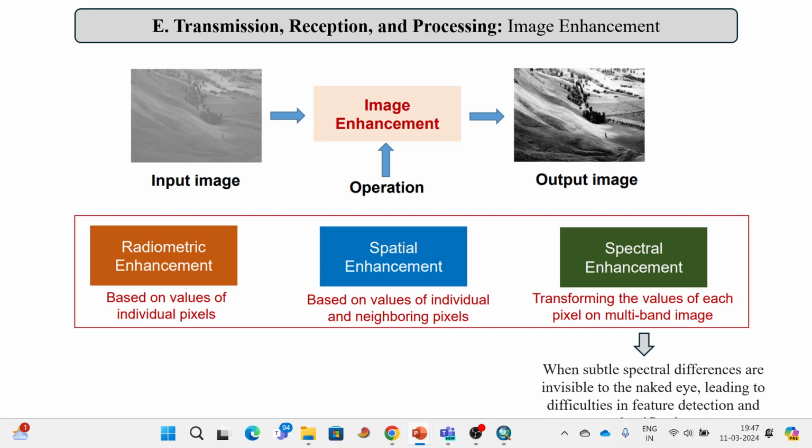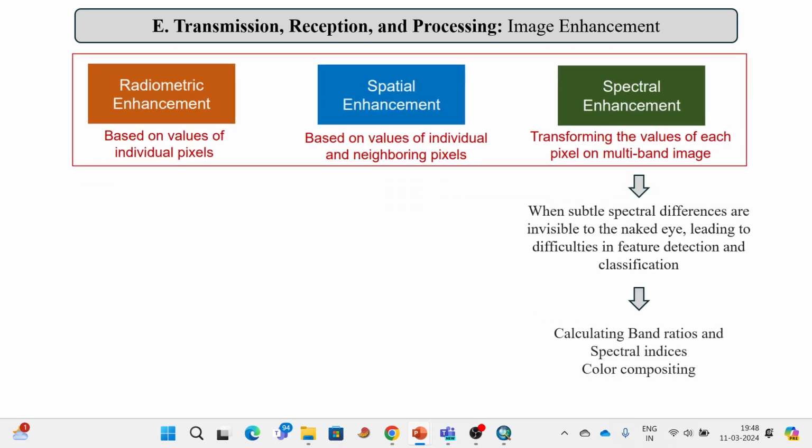Suppose if you see one band image and there is no feature that you are able to detect, or there is some difficulty in feature detection, what you can do is combine the information from different bands and then make a color composite or calculate index or calculate band ratios, and then use that in composite or indices for feature detection or classification.